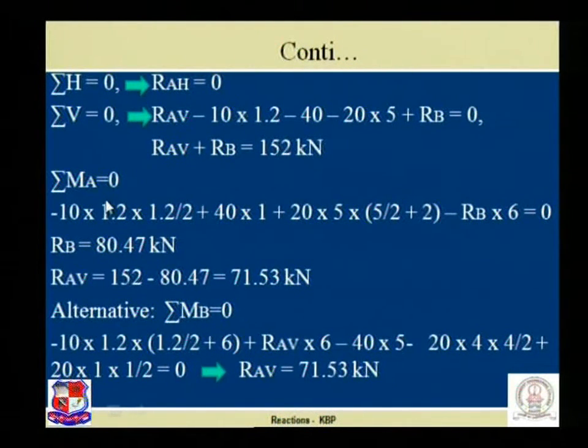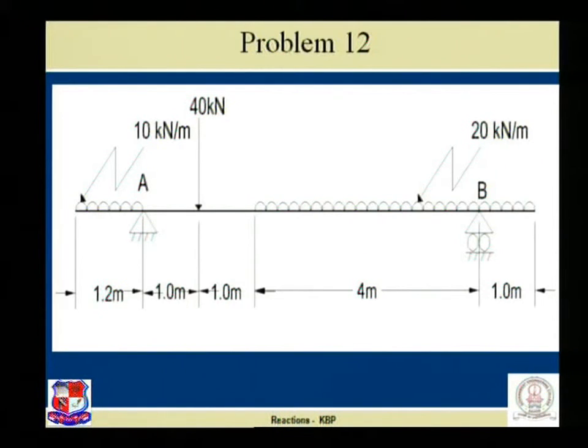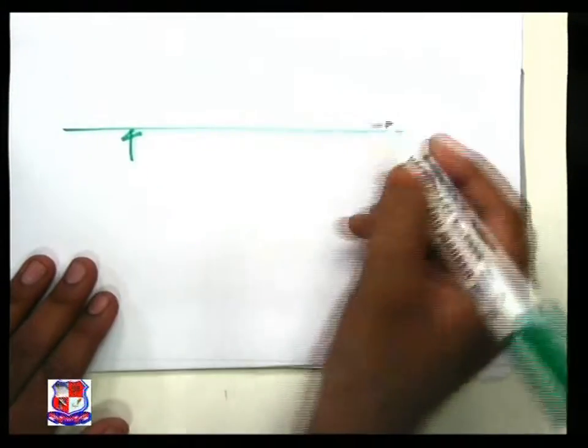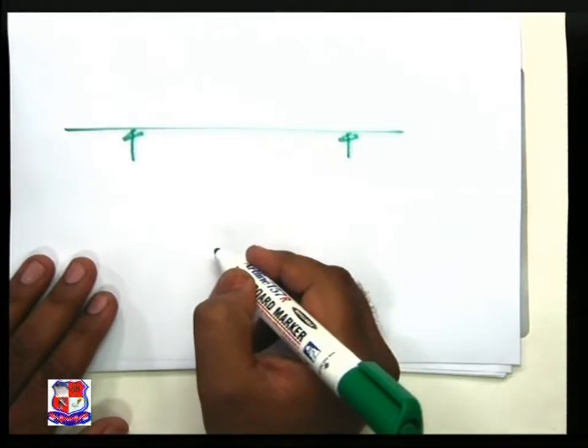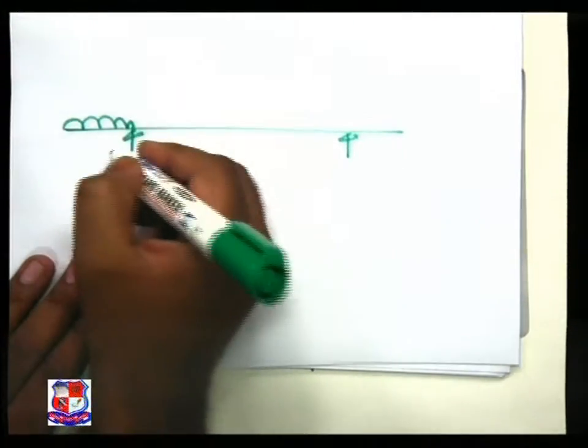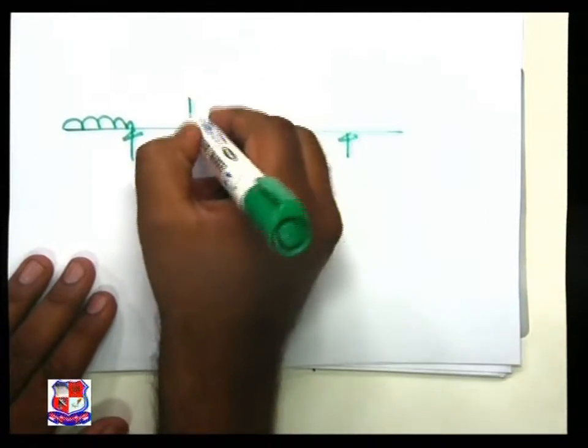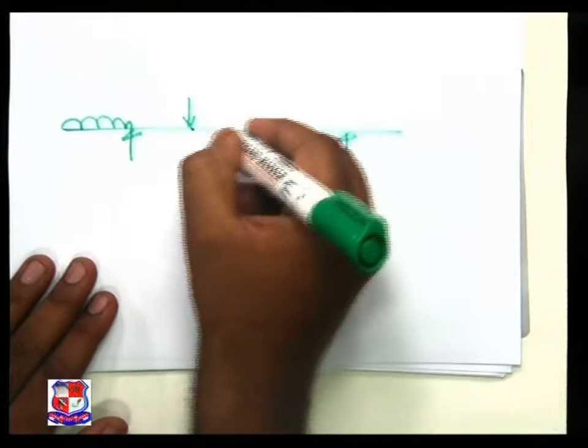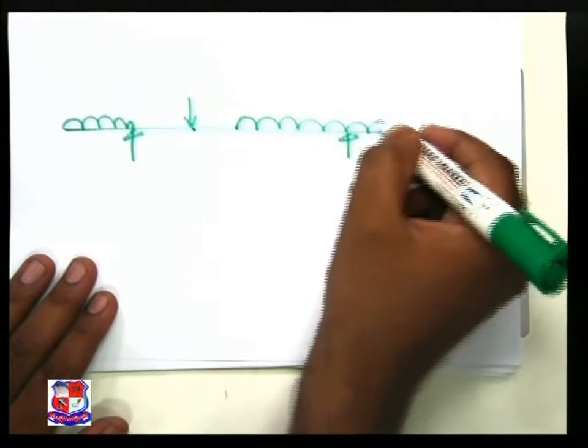Now let us take sigma MA is equal to 0 to find the value of RB. See this figure. The supports are over here, the UDL is acting over here, and this is the point load, and then from this point onward the UDL is acting.